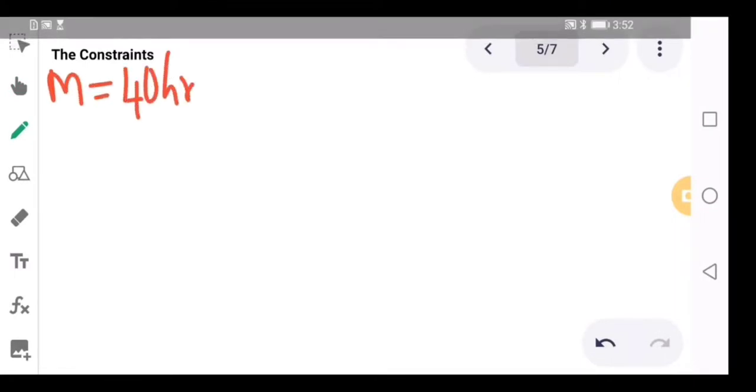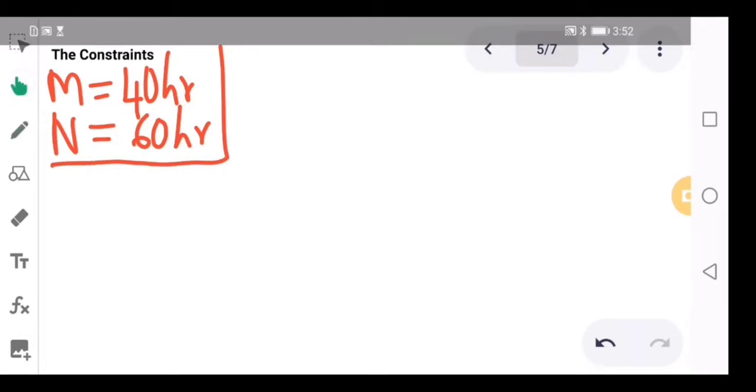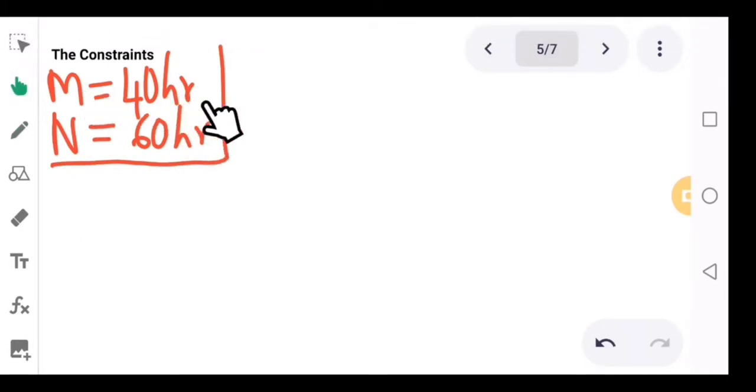In case of machine N, total hours available is 60 hours in a week. So in 1 week, machine M can be used only for 40 hours, and machine N can be used for 60 hours. That is, maximum 40 hours you can use machine M in a week, and maximum 60 hours you can use machine N in a week. So now we have to form the equation for constraint.